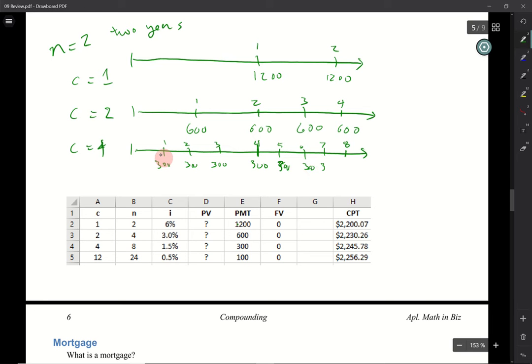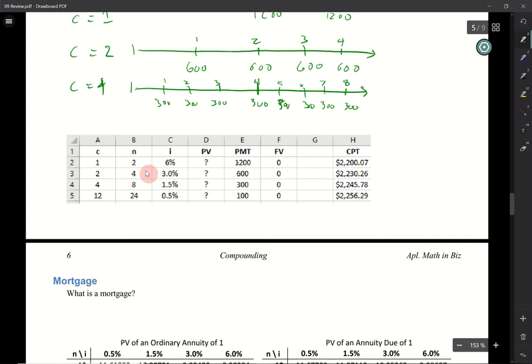So it's the same annuity amount, right? And so if you do the present value calculation on that, you can see it increases. And so what you can see is that receiving the funds sooner, receiving cash sooner, increases the PV.